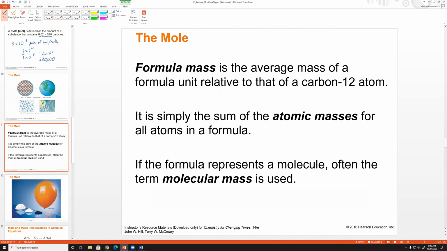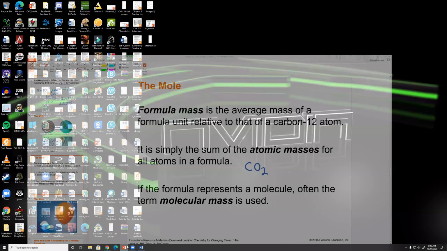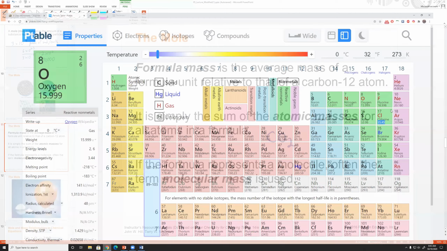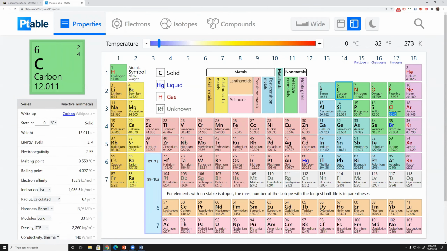So let's say we had CO2. What would be the molar mass of CO2? We can't only find the molar mass of an atom, we can find it of an entire molecule. If we look back at the periodic table, we see that carbon is 12.01 and oxygen is 15.99, basically 16.